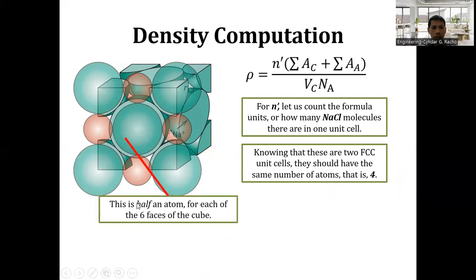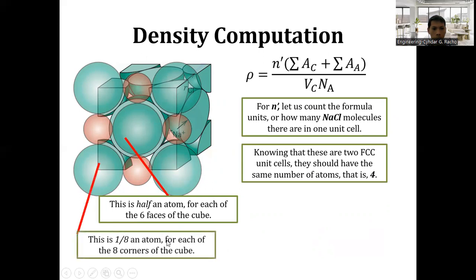Here, this is half an atom for each of the 6 faces of the cube: 1, 2, 3, 4, 5, 6. This one is 1/8 of an atom for each of the 8 corners of the cube: 1, 2, 3, 4, 5, 6, 7, 8.